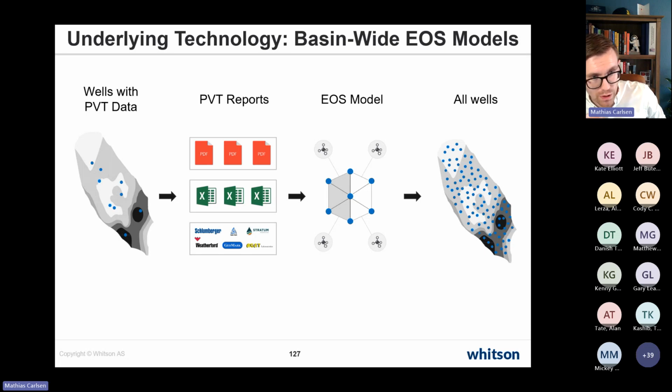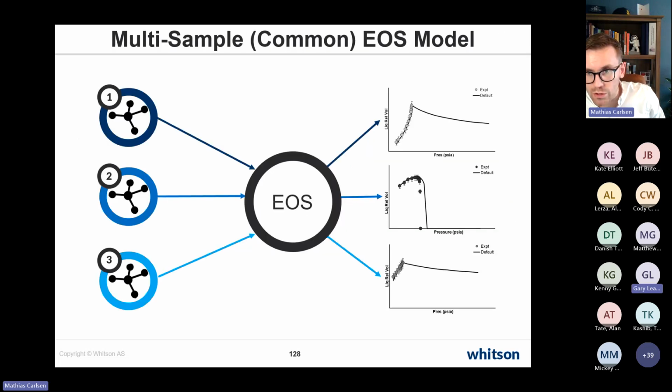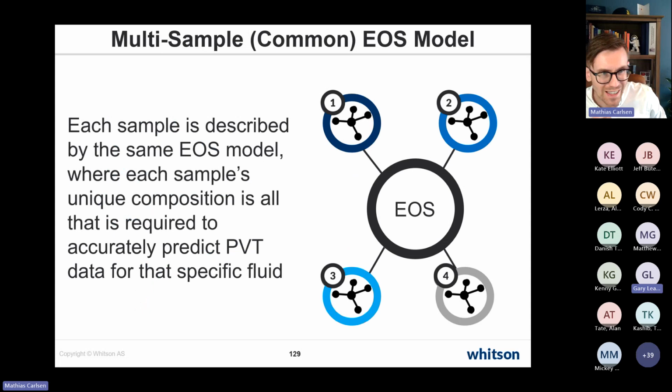You could, for instance, use something as little as the GOR that we went through in the exercise earlier today. This is what we call a multi-sample equation of state, where each sample is described by the same equation of state model, and each sample's unique composition is all that's required to accurately predict PVT data for that specific fluid.